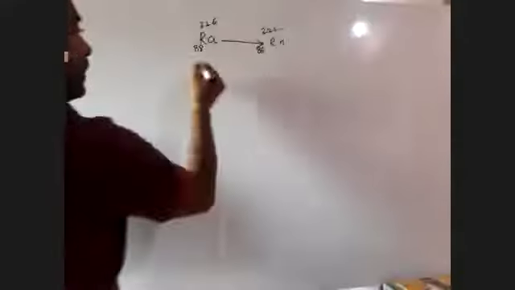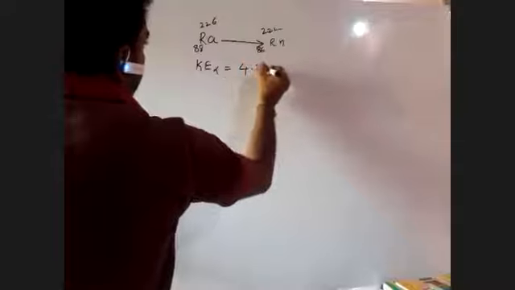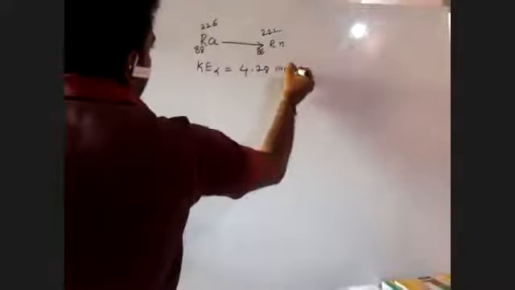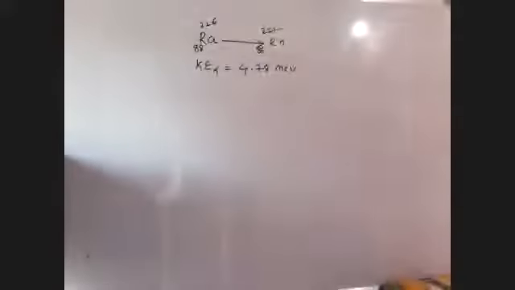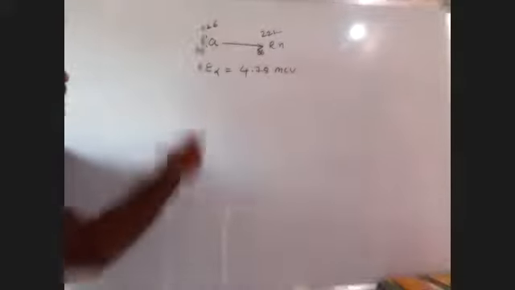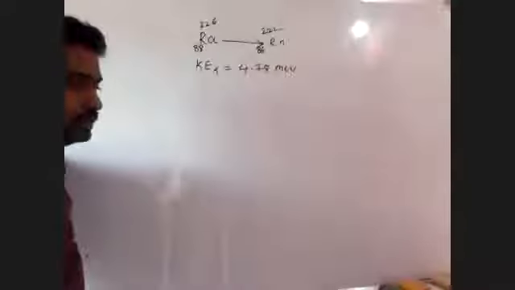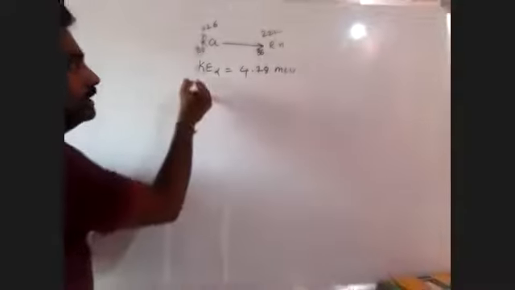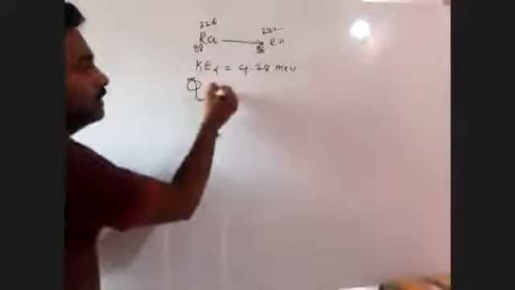In this decay, they have given the kinetic energy of the alpha particle as 4.78 mega electron volts, and in this question they are asking what is the total energy.